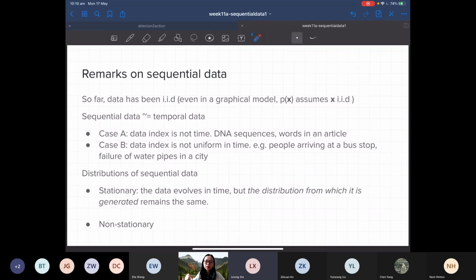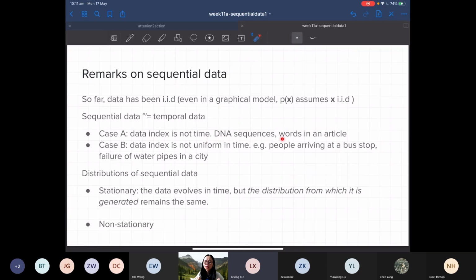We can also say that a lot of times sequential data presents itself in the form of data over time, right? Speech, video, and so on. But a lot of times it doesn't, so the data index is not time.